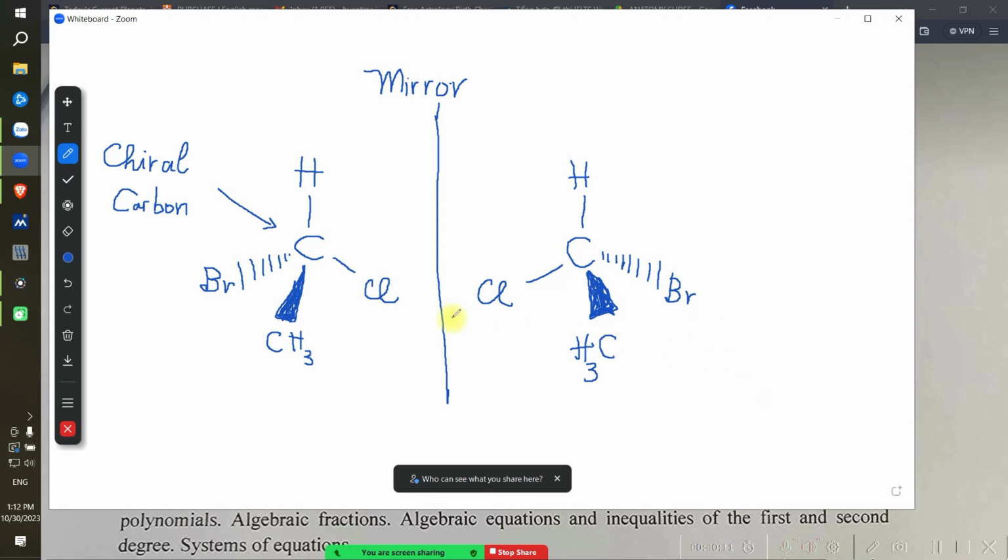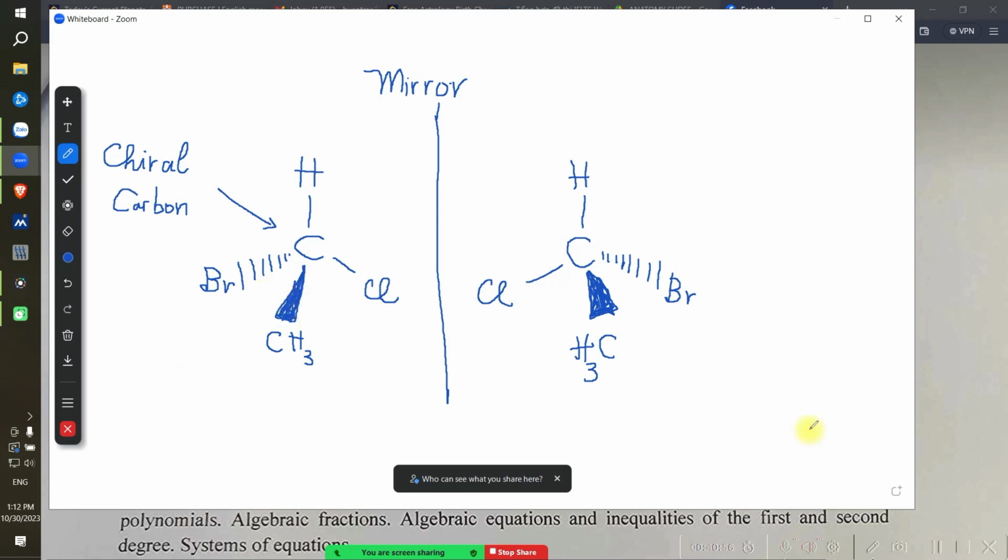The bold bond means this CH3 is pointing toward you, on the plane of the paper. The dashed line means it points away behind the paper. Know what I mean, right? That's how it is in space. So this bold line means the CH3 here is pointing toward you on this plane.